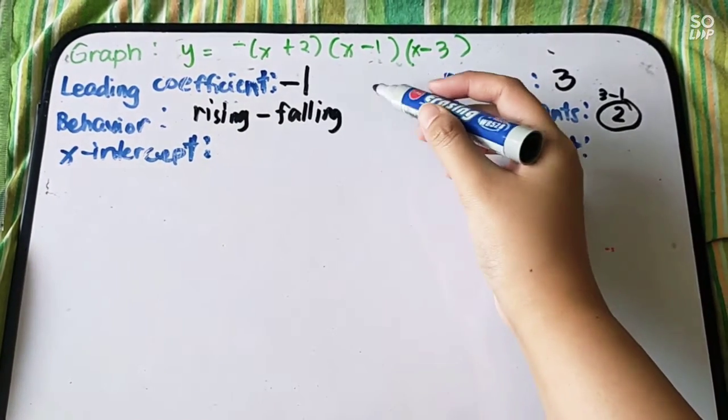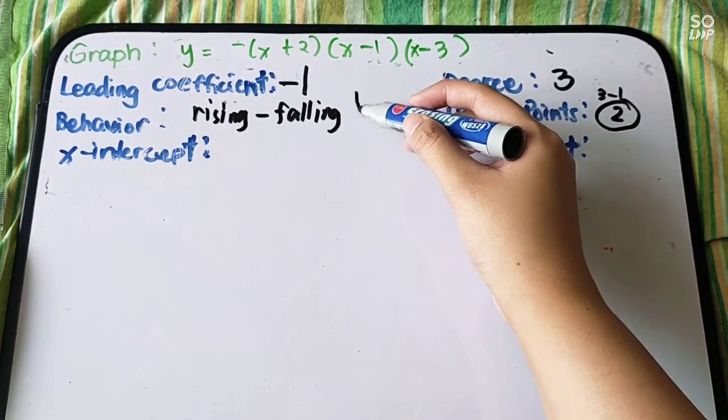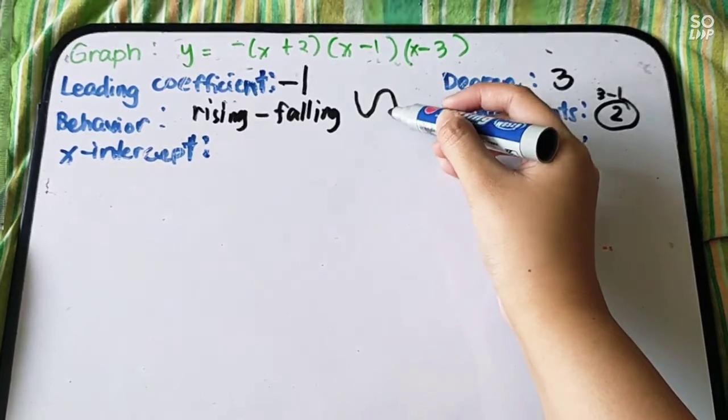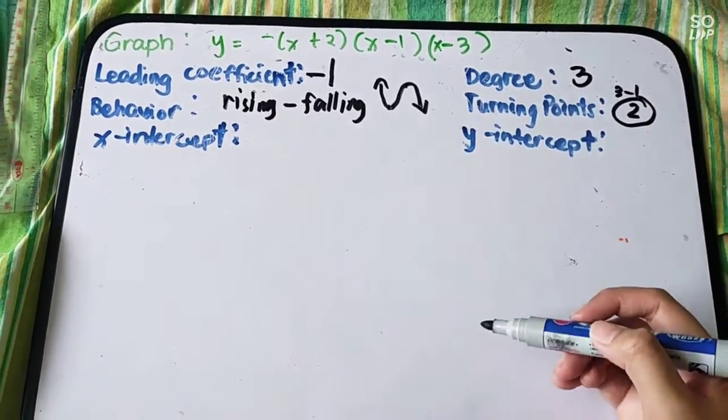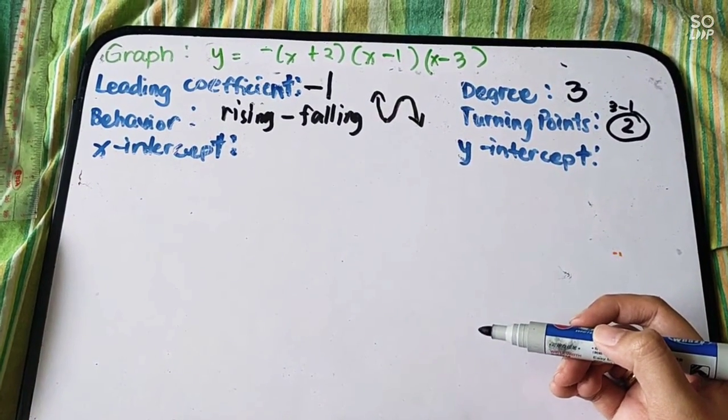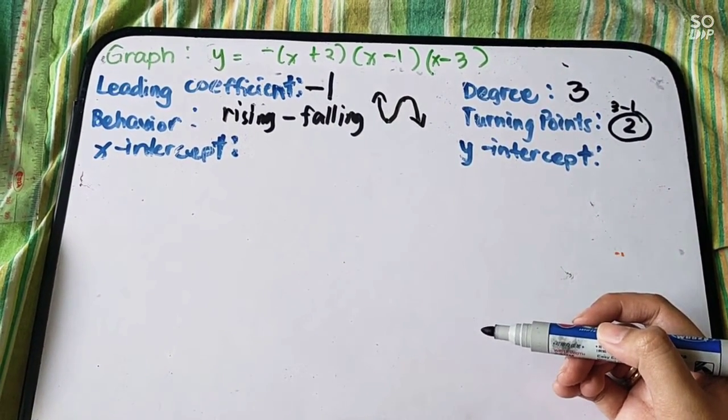Ayan. So, ibig sabihin pa ganito. 1, 2 pala. Sorry. 1, 2. Dalawang turning points. So, dapat ganyan yung ating magiging graph.